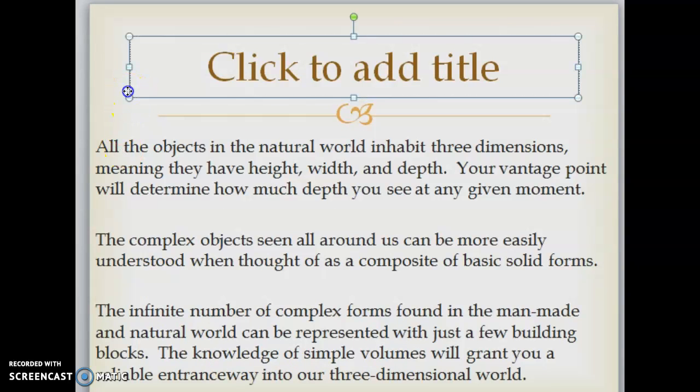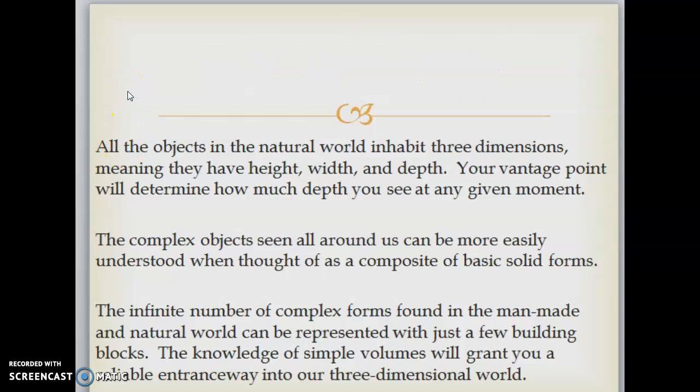All of the objects in the natural world inhabit 3 dimensions, meaning they have height, width, and depth. Your vantage point will determine how much depth you see at any given moment. The complex objects seen all around us can be more easily understood when thought of as a composite of basic solid forms. The infinite number of complex forms found in the man-made and natural world can be represented with just a few building blocks.